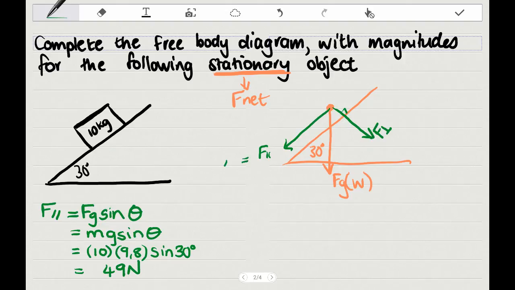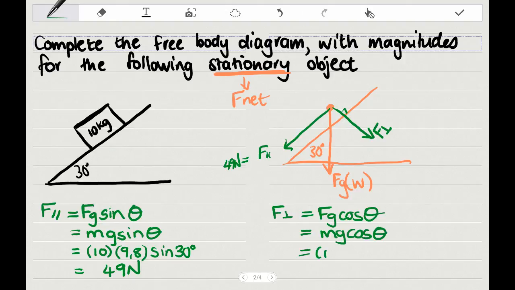It is 49 newtons. So it said indicate with the magnitude. Okay, the F parallel is calculated in a very similar way. Sorry, I mean perpendicular. Just that we're going to use cos. So please guys, you need to remember the formula. So this is mg cos theta.